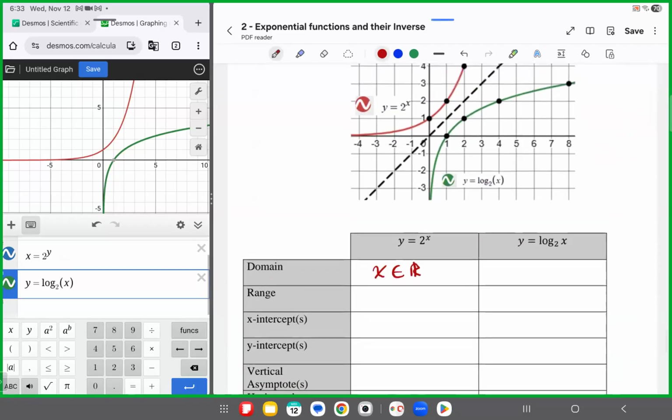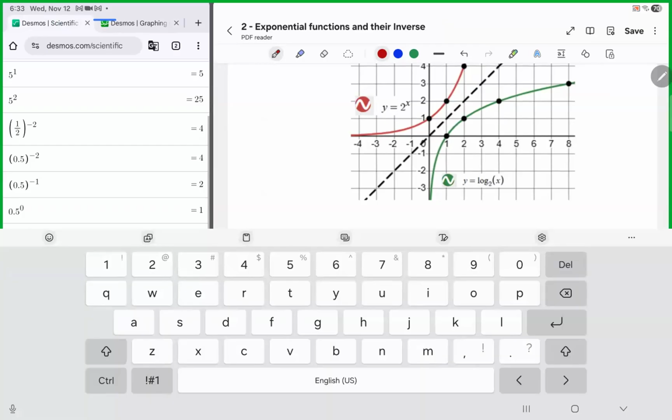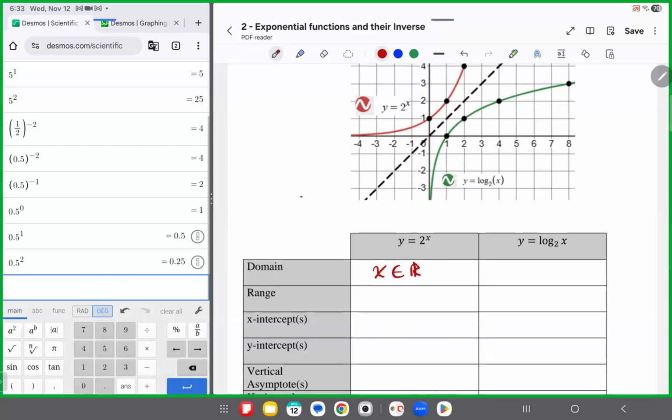Because remember, if I try to type in 2 to the power of anything, I can get an answer, no problem.